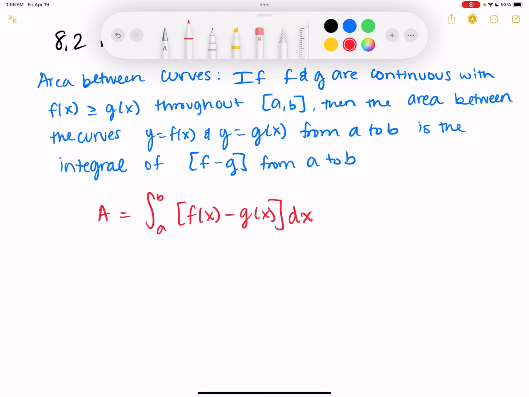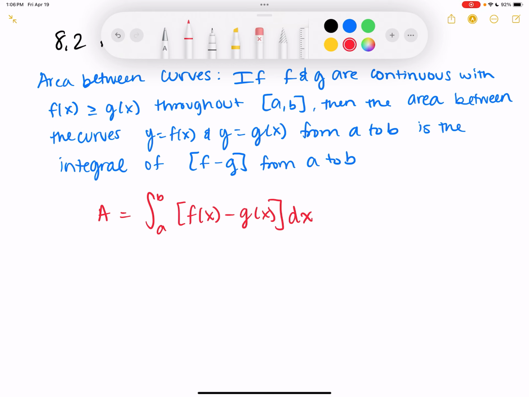You might want your books open just because they give you pictures for the first problems to help you visualize what's happening, so it might be good to have it. It's page 399. It says to find the area of the shaded region analytically.